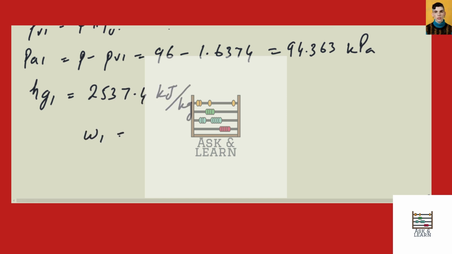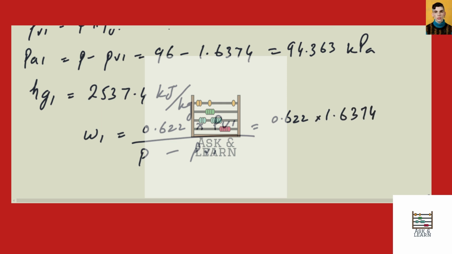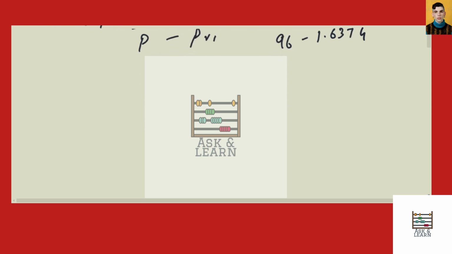Then we've got W1 is equal to 0.622 multiplied by PV1 divided by P minus PV1, and that is 0.622 multiplied by 1.6374 divided by 96 minus 1.6374, and W1 is equal to 0.011.